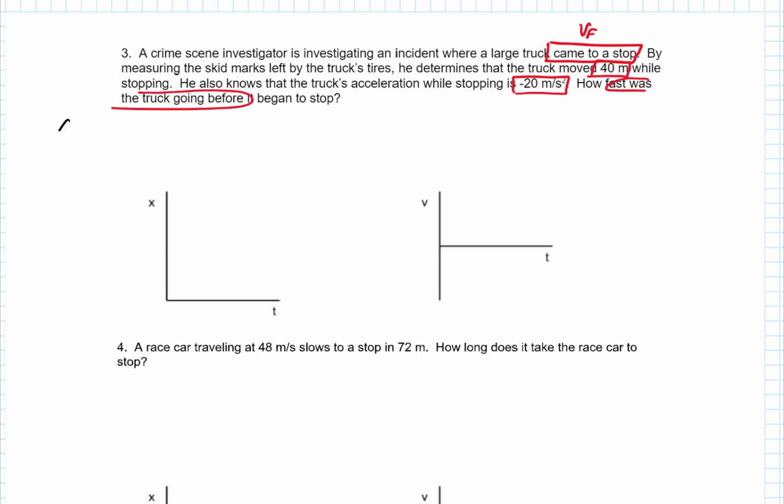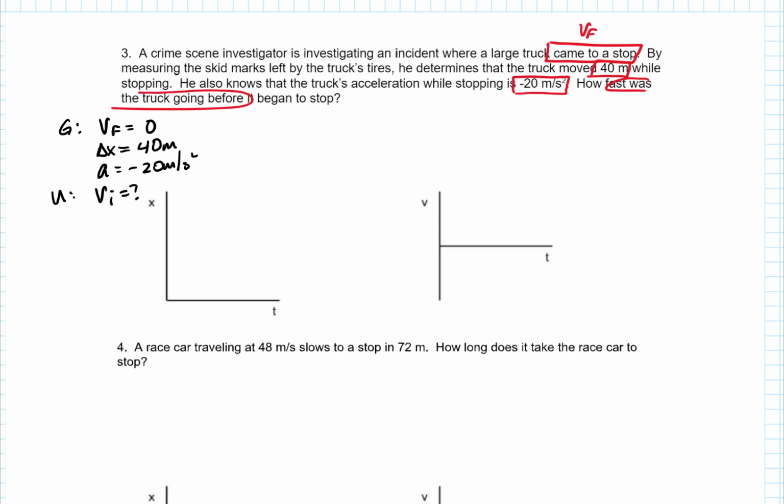So if we list those out for our givens, the final velocity, since it comes to rest, comes to a stop, is 0. The displacement is 40 meters, and the acceleration is negative 20 meters per second squared. Our unknown in all of this is the initial velocity.